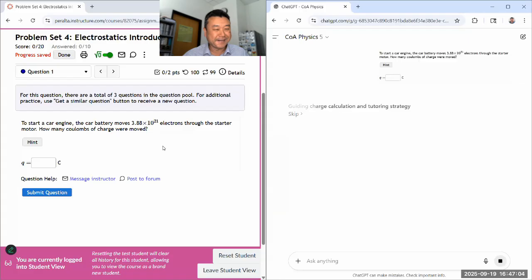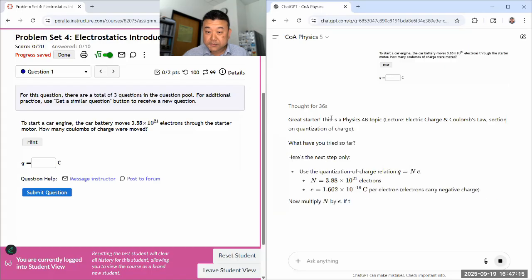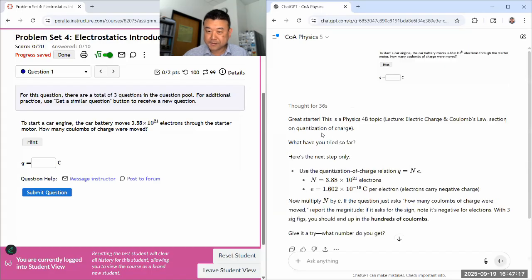We'll see. It's probably in reference to its knowledge base. Great starter, yeah. Physics 4B topic. Good. What have you tried so far?